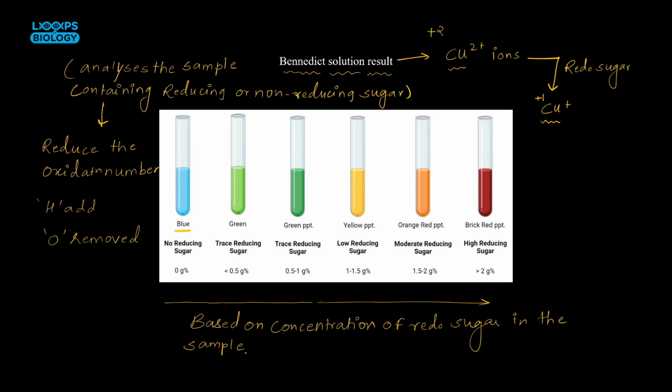Based on the concentration of reducing sugar, the color of this solution changes to light green, then dark green, then yellow, then orange, and if there is a high level of reducing sugar, it turns brick red. So this is basically used to analyze a urine sample. All right, so this is all about Benedict solution.